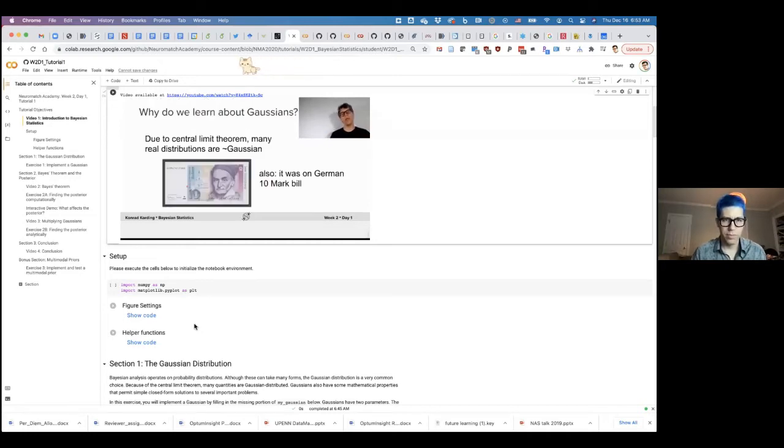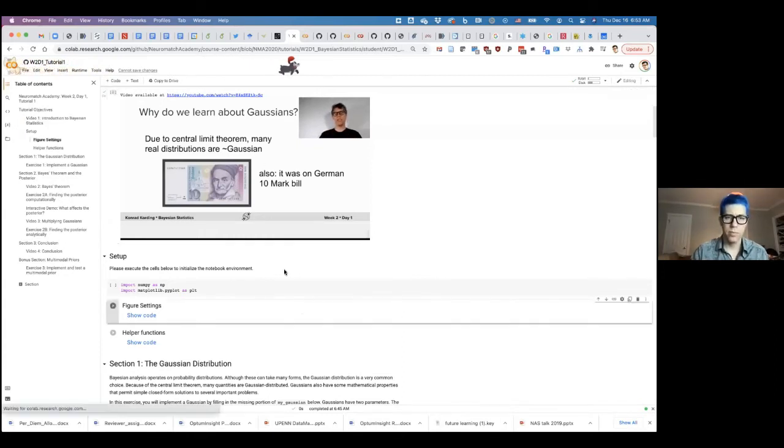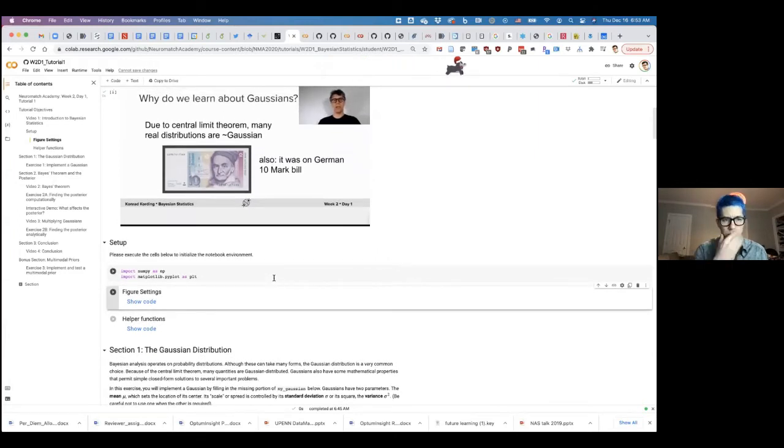Why do we need to learn about it? Due to the central limit theorem, many real-world distributions are, in first approximation, Gaussian. So many, in fact, that large branches of statistics deal with Gaussian cases. And much of what you learn in Introduction to Statistics is about Gaussians.